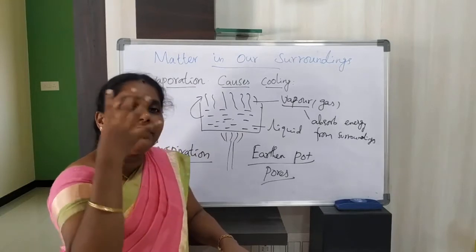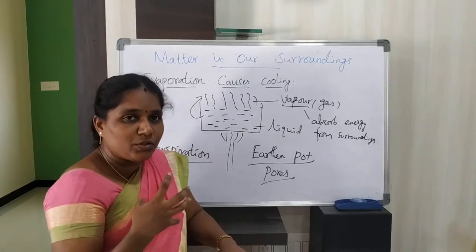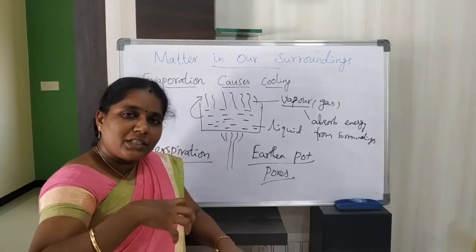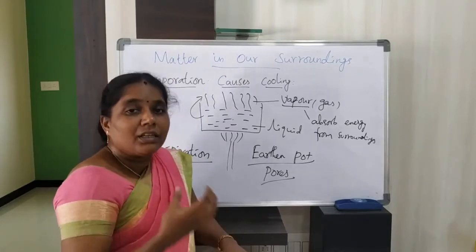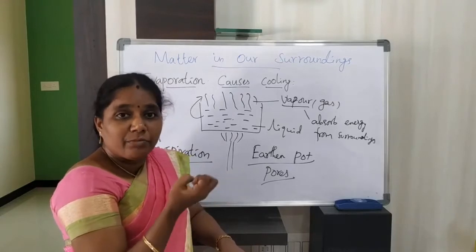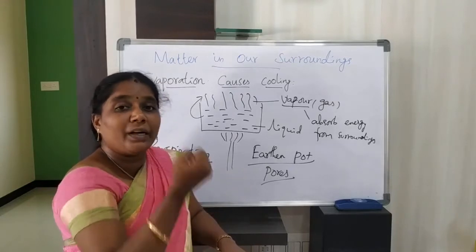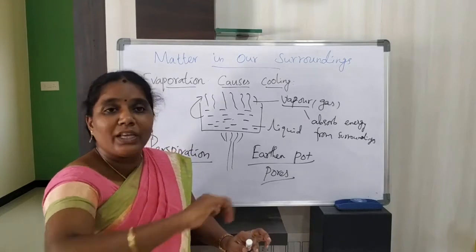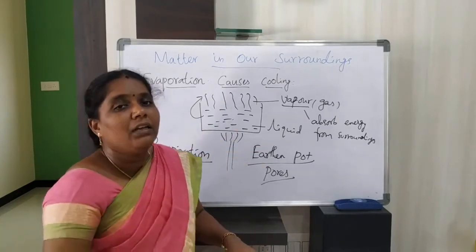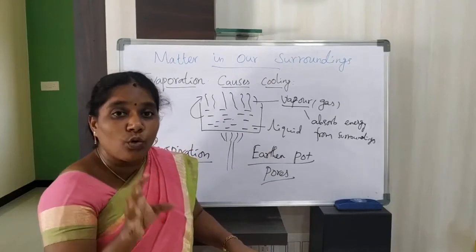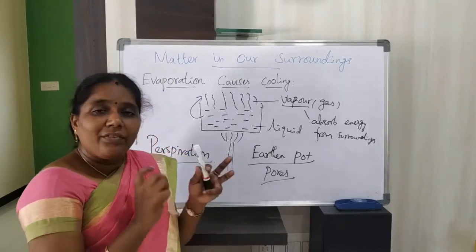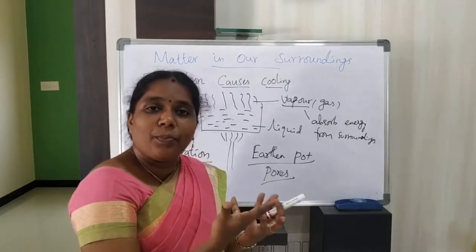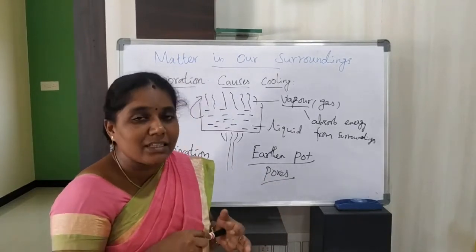With the help of those small pores, what happens generally? Through those small pores, the water particles absorb energy from the surroundings and keep the water cool always. During summer the surroundings always have higher temperatures compared to winter season. Whenever the temperature is higher, the rate of evaporation also increases, isn't it?